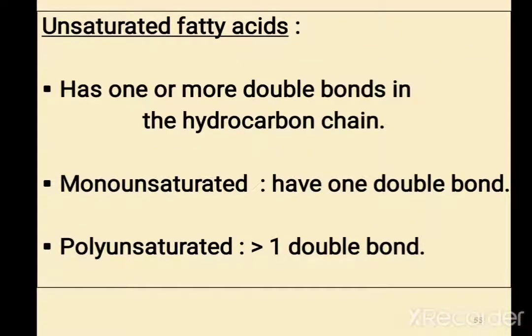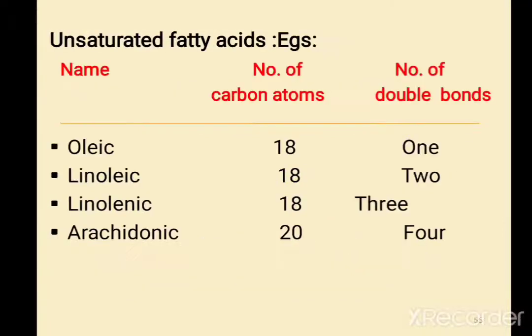And for unsaturated fatty acids, unsaturated means they have at least one double bond. They are again subclassified into monounsaturated, which means the hydrocarbon chain contains one double bond, and polyunsaturated fatty acids, which contain more than one double bond. These are the examples for unsaturated fatty acids. One is oleic acid, which contains a total of 18 carbon atoms and one double bond, so it is an example of a monounsaturated fatty acid.